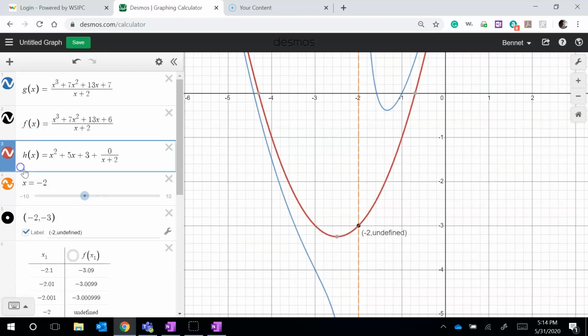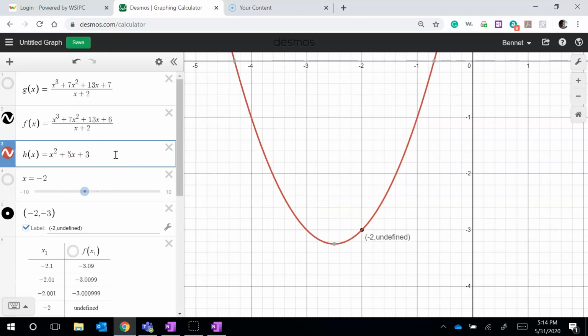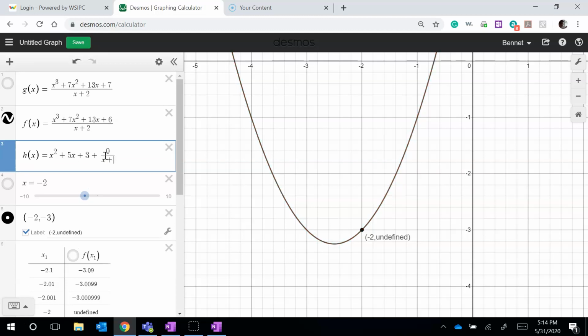This is the exact same as function f. They completely overlap each other. I could take this away and you couldn't even tell that it was any different, because that plus 0 over x plus 2 has no effect on this graph anywhere except at -2. I'll get rid of the label here, and I can still see that even there, it's undefined at -2.